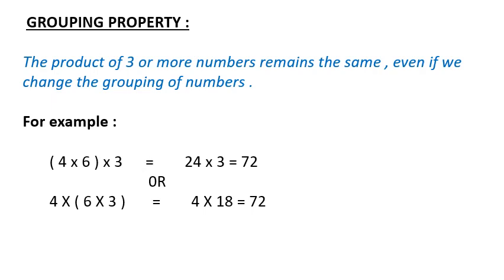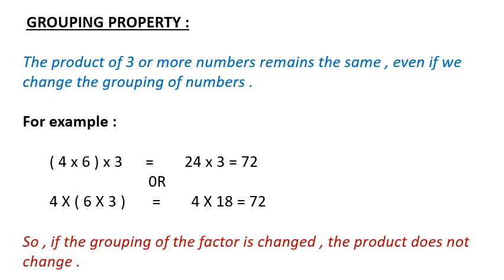So 4 multiplied by the group of 6 and 3, and the product of 6 threes is 18. And now 4 I am multiplying by 18, and my answer is 72. It means the grouping property says that if the grouping of the factor is changed, the product means the answer does not change.